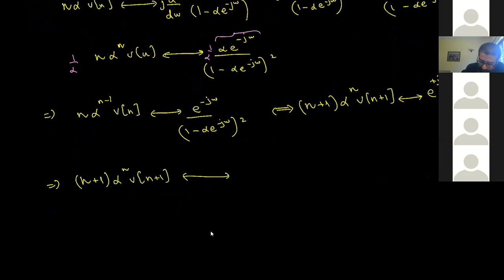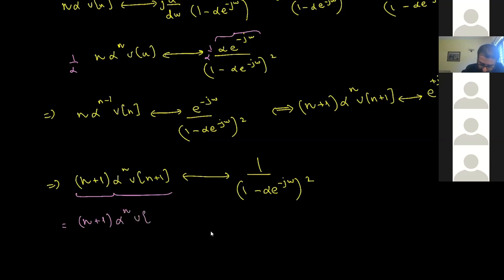That is what I was actually looking for. Okay? And I can further say that ये जो चीज़ है ना, this is actually equal to n plus 1 alpha raised to power n times u of n.